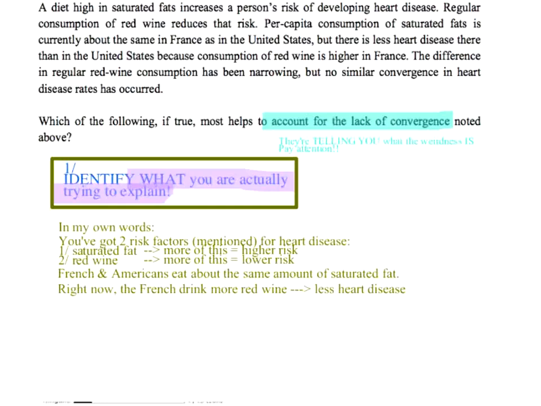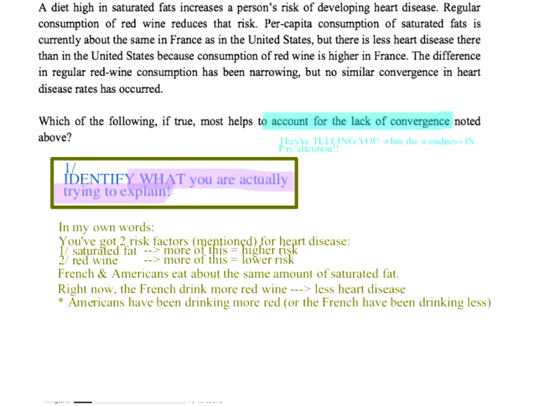But then it goes on to say, Americans have been drinking more red wine, or the French have been drinking less of it. One of those two. But the French heart disease rate is still just as much lower.